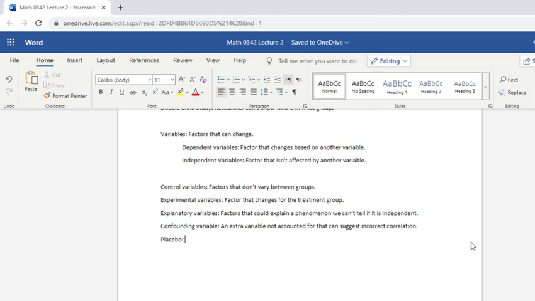So a placebo is a factor that conceals. That's not how you spell conceal. How about confounds the control group?